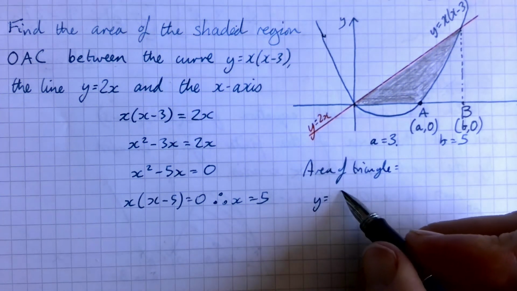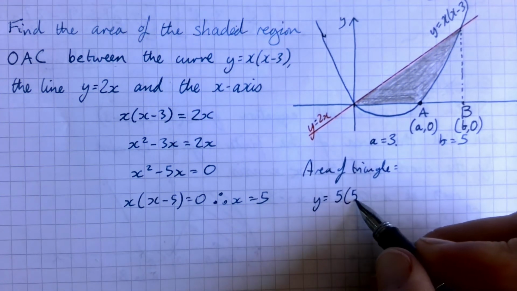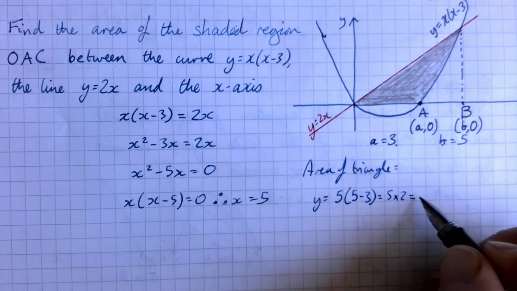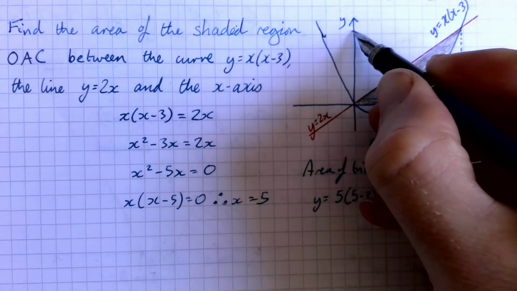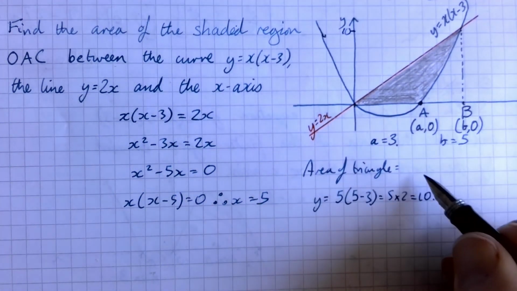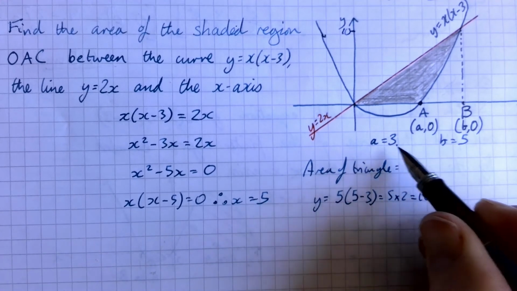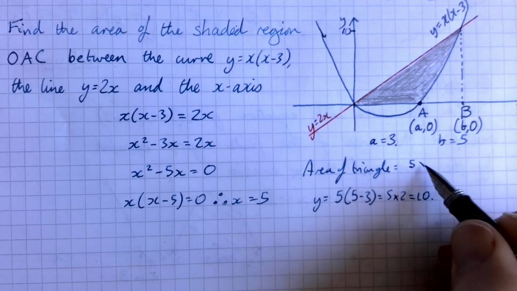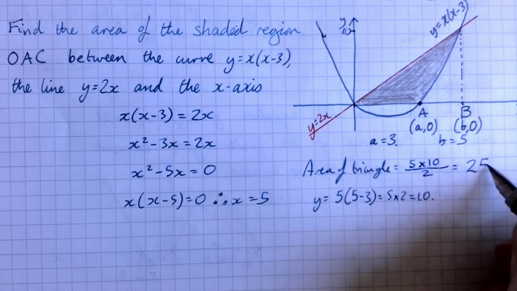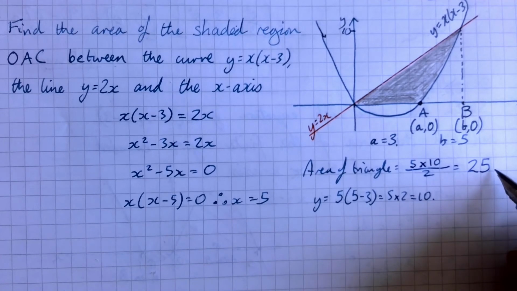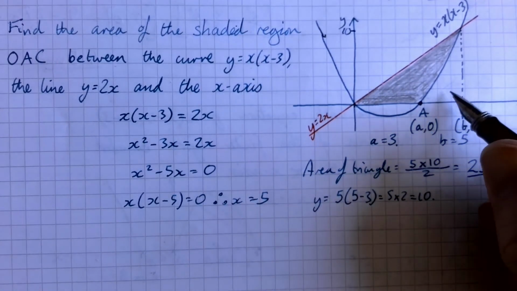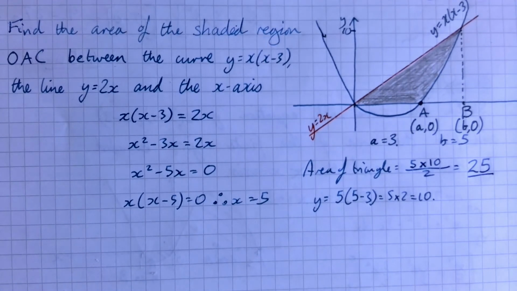So y is going to equal 5 times 5 minus 3. 5 times 2 is 10. So we know that value up there is 10. So we've got a triangle that is 5 base times 10 height divided by 2 gives us 25 square units for the triangle, and then we're going to be taking away from 25 what we get there.